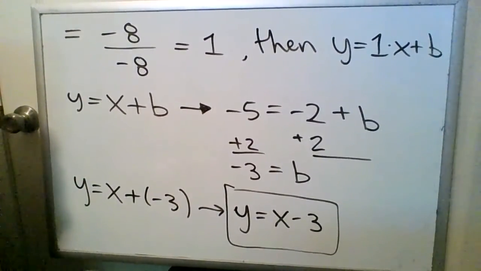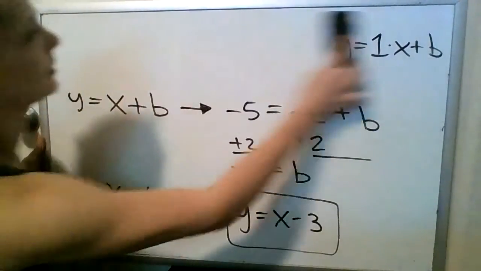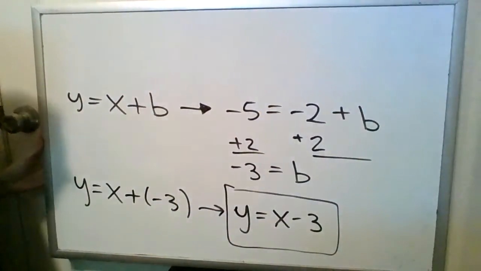Let's talk about parallel lines and perpendicular lines. So parallel lines have the same slope.